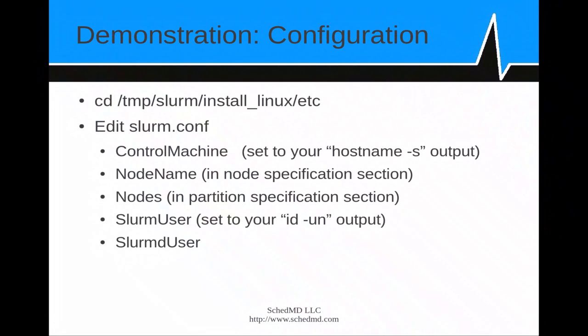It's listed in the file as uppercase HOSTNAME, so it should be pretty obvious what needs to change and where. I think there are 3 lines that need to change, and also you'll need to specify your username in 2 places in that file, and those are SlurmUser and SlurmdUser. SlurmUser is the user name that the Slurm control daemon runs as, and SlurmdUser is the username that the slurmd daemon runs as. Normally that's root, but for your testing purposes it can just be you.